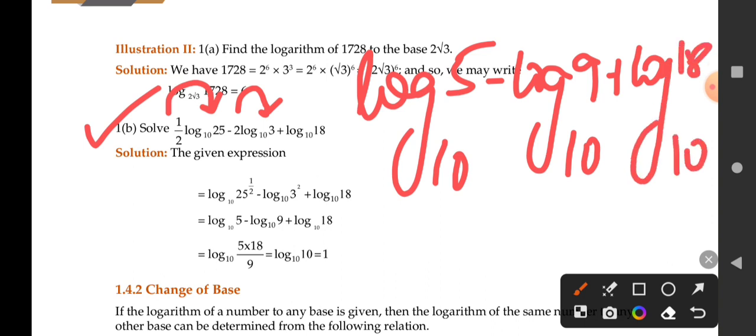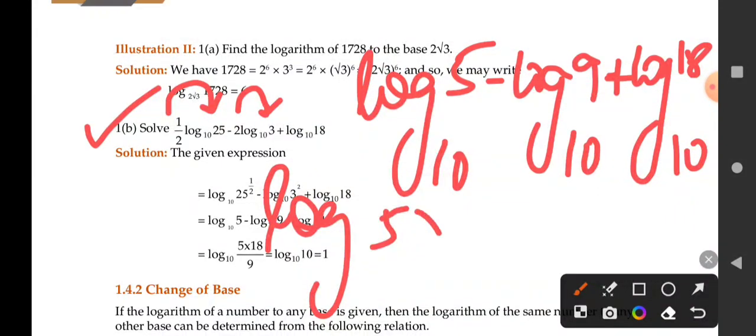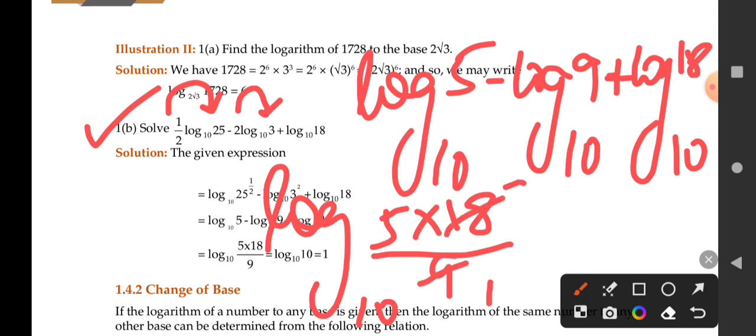Now the negatives get divided and the positives get multiplied. We have log 5 into 18 divided by 9 to the base 10. 9 ones are 9, 9 twos are 18, 5 twos are 10. So log 10 to the base 10 is equal to 1.